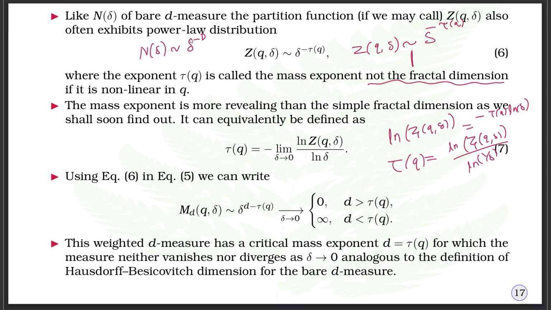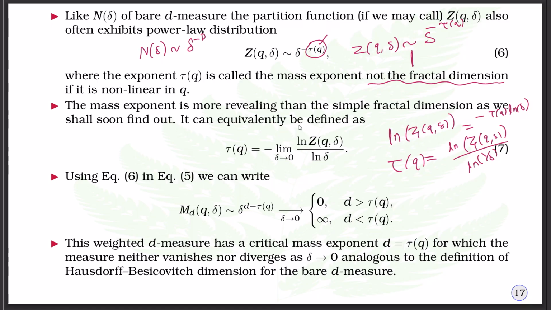This d is the fractal dimension, but here τ(q) is not a fractal dimension, it is a mass exponent. It is non-linear in q. That means with various q we are getting various measures, various densities. The mass exponent is more revealing than the simple fractal dimension, as we shall soon find out.